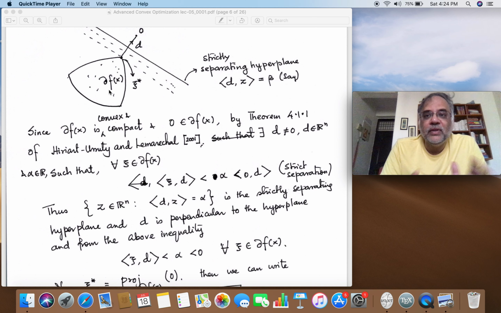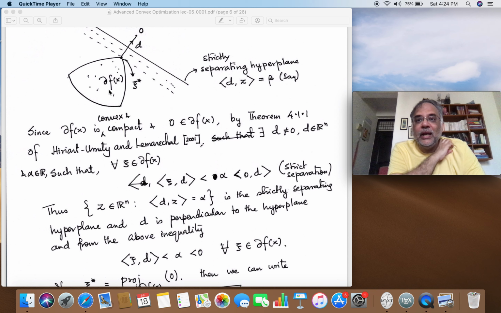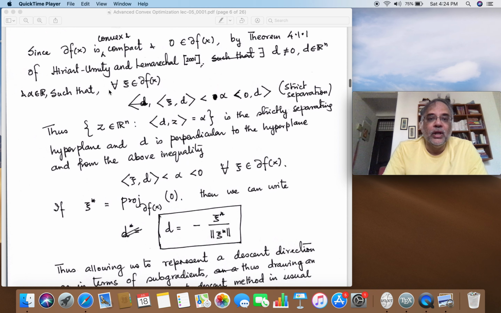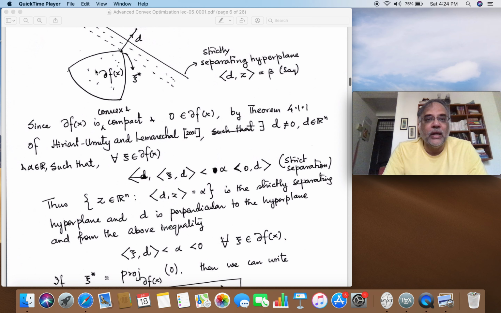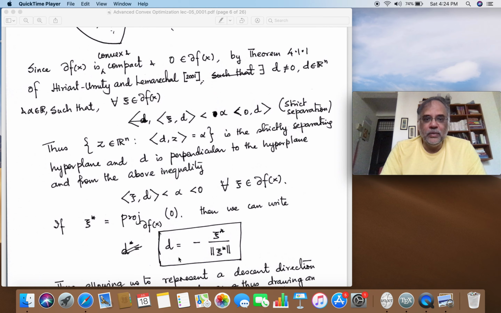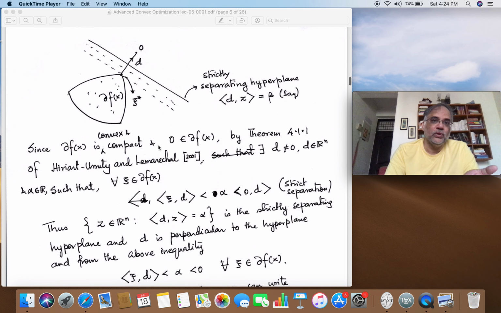So this is the idea of descent direction in non-smooth optimization. Please understand that any subgradient xi that you choose from del fx need not lead to a descent direction. Though there is a deep link between subgradient and the descent direction, this xi star is special. It is actually the projection point. That has to be remembered.